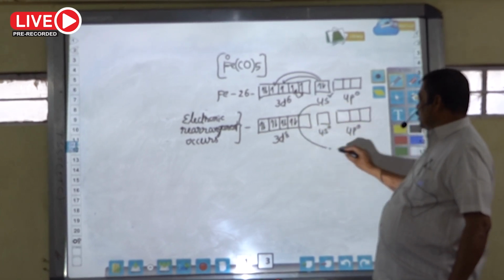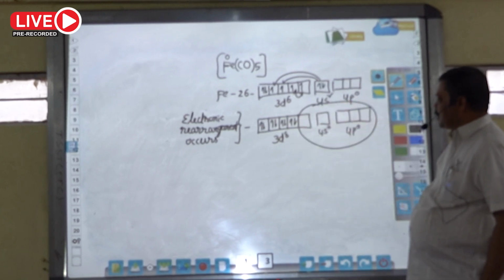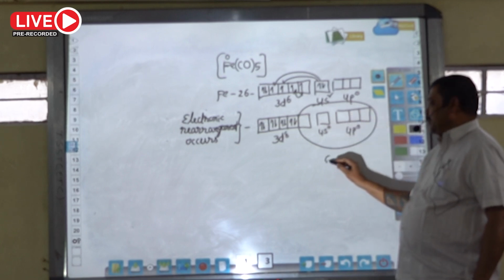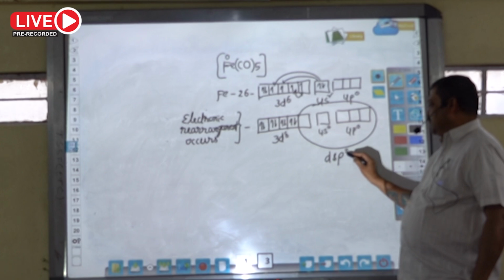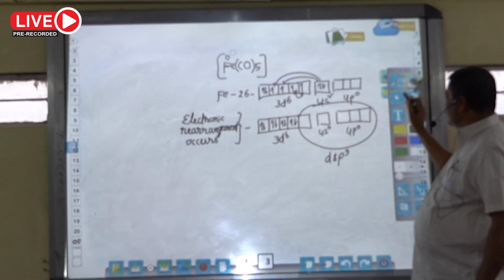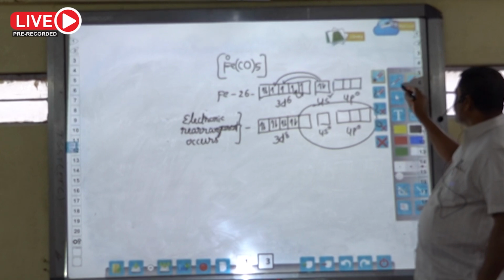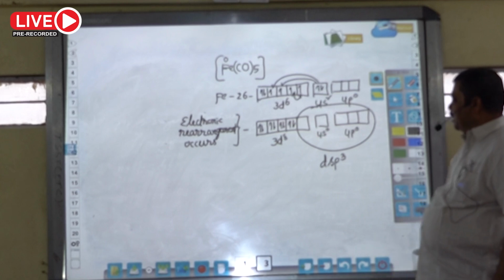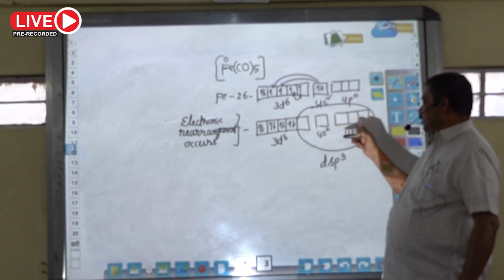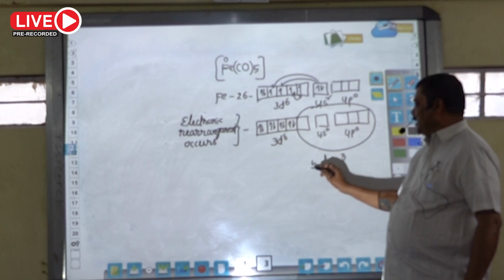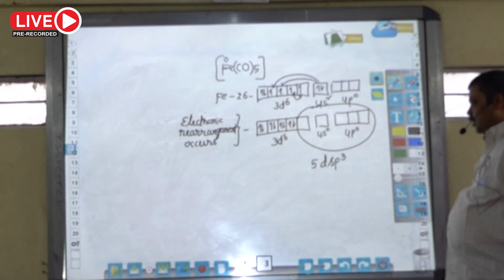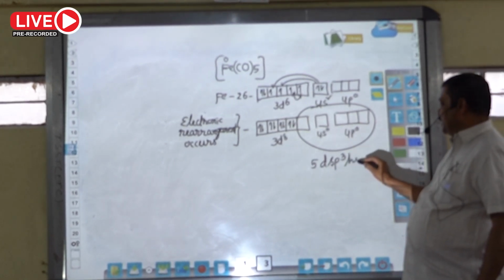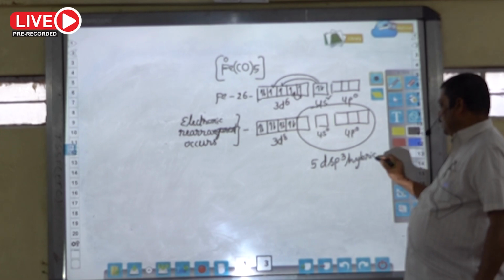So which orbitals are going to mix? 1d, 1s, 3p. So the hybridization is dsp3. In total how many are mixed? So 5 dsp3 hybrid orbitals.